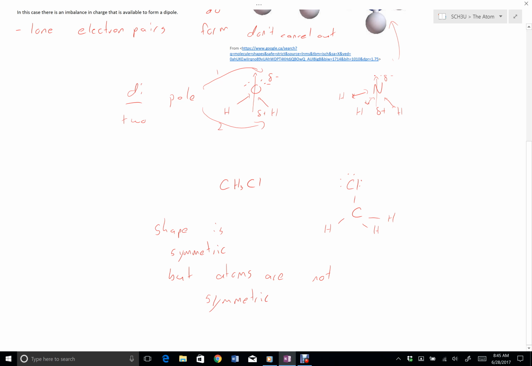What that means then is that this will have a dipole, because while there are bonds in all directions, one of these bonds is polar, this one, chlorine likes electrons more than carbon, and the other ones are not, so these can't cancel out this interaction, and so this will become partially negative, and this whole CH3 part will become partially positive.